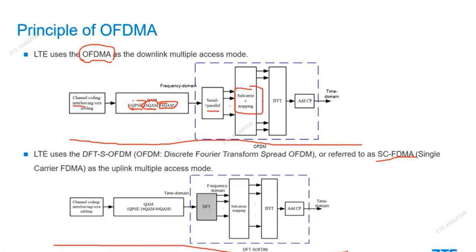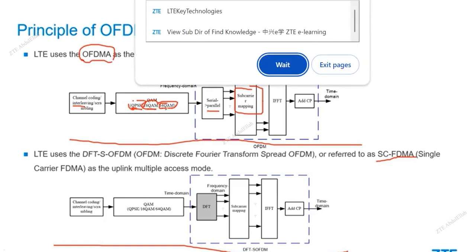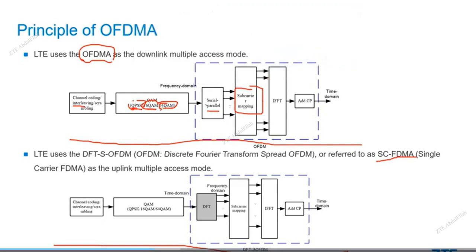But how many bits can be transmitted by a subcarrier is based on the modulation. For example, if your modulation is QPSK, each subcarrier only transmits 2 bits. If you use 16-QAM, each subcarrier can transmit 4 bits. If you use 64-QAM, each subcarrier can transmit 6 bits.